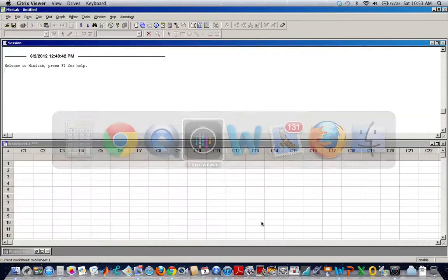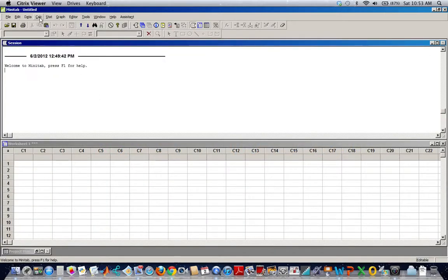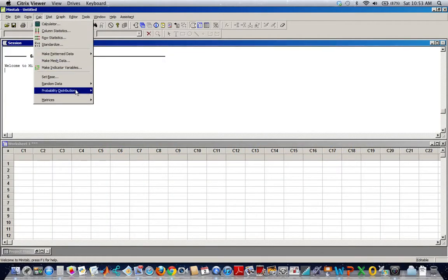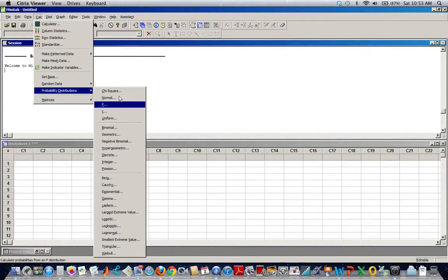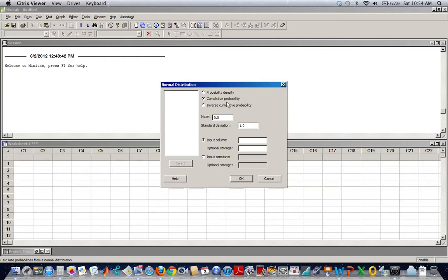So when we go into Minitab, the way that we'll do this is under the Calc menu, probability distributions, and a normal distribution. We would get this panel here, and we stick with cumulative probability, and we want to put in the mean value from that problem. But the standard deviation is not going to be the one stated in the problem. It's got to be the standard error of the mean, which we just found to be 1,031, and put that in there.